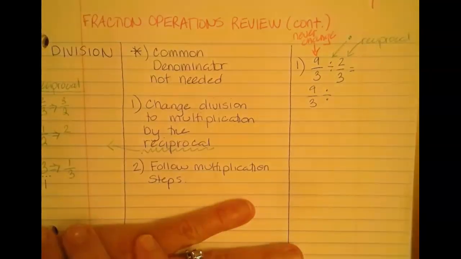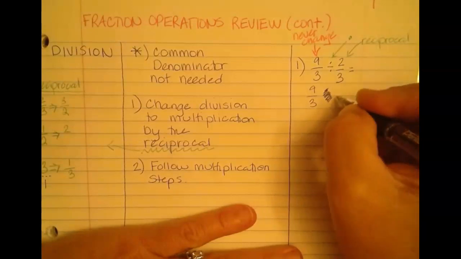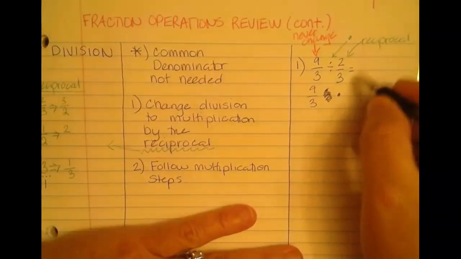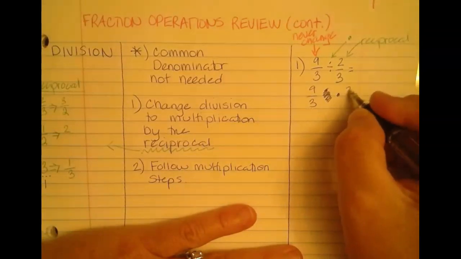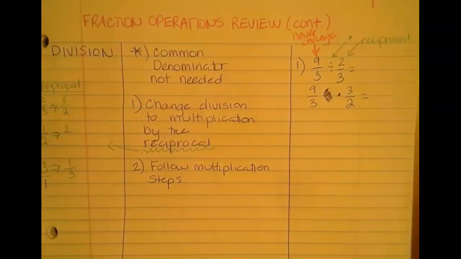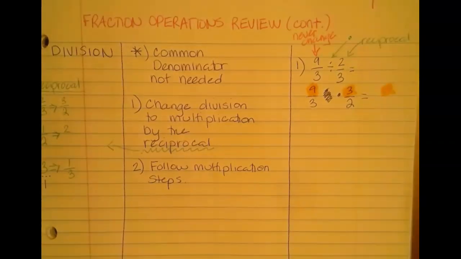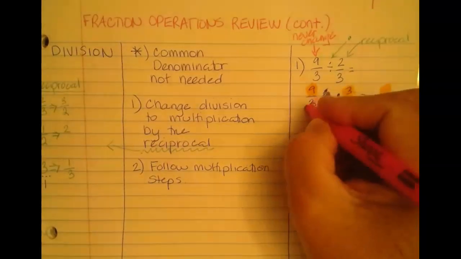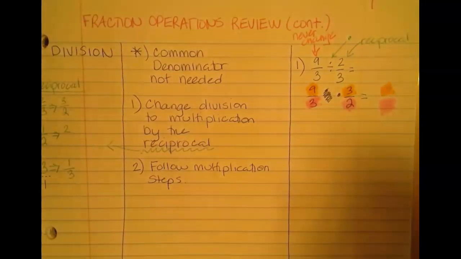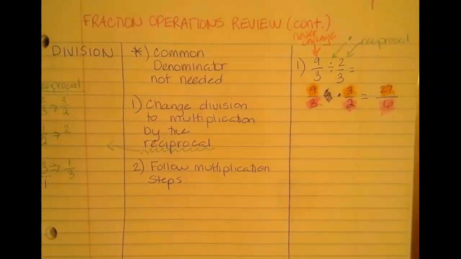We're going to change division to the multiplication symbol, and we're going to invert or use the reciprocal of 2/3, which would be 3/2, right? So the steps for multiplication were to do numerator times numerator to get the numerator, and denominator times denominator to get the denominator, right? So 9 times 3 is 27. 3 times 2 is 6.